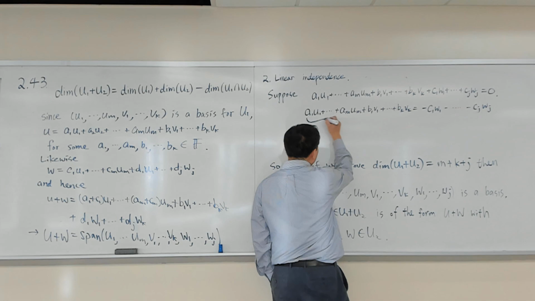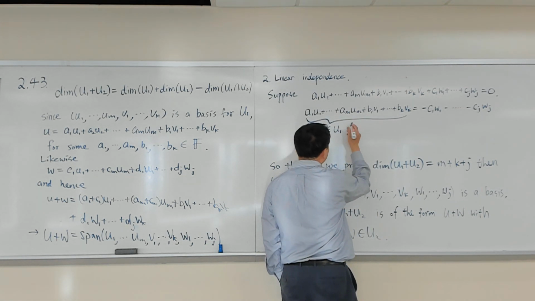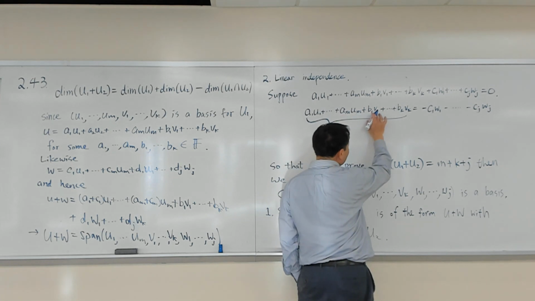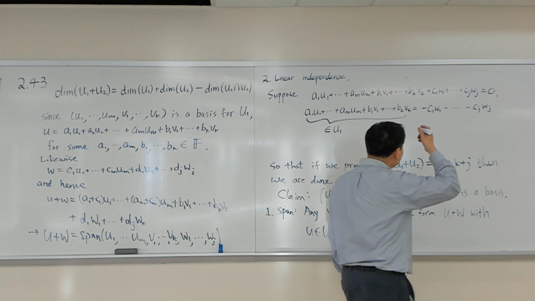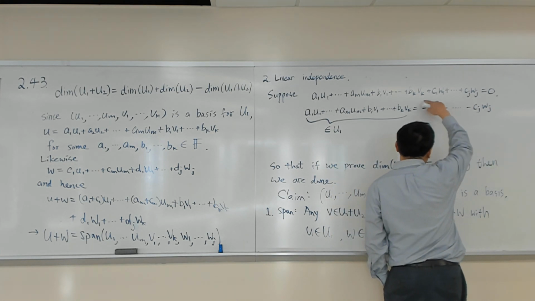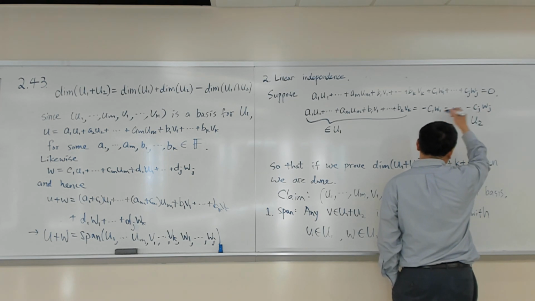So first of all, the left side is in u1 because u1 through um and v1 through vk span the entire u1. It's a basis for u1. And also u1 through um and then w1 through wj spans u2. So this right side goes into u2.